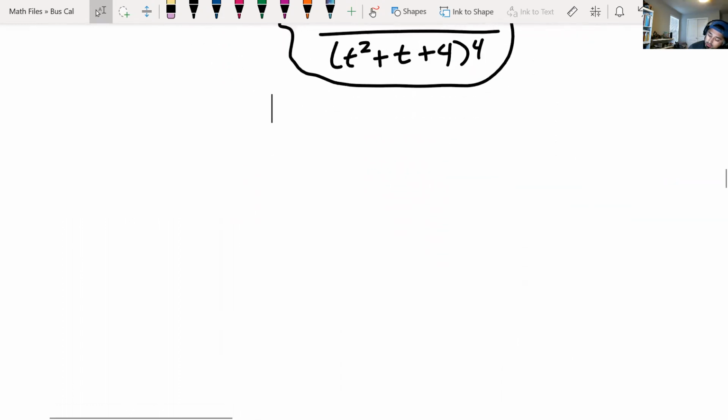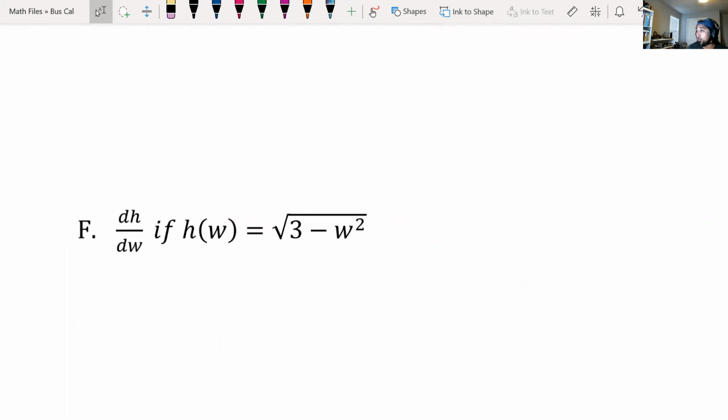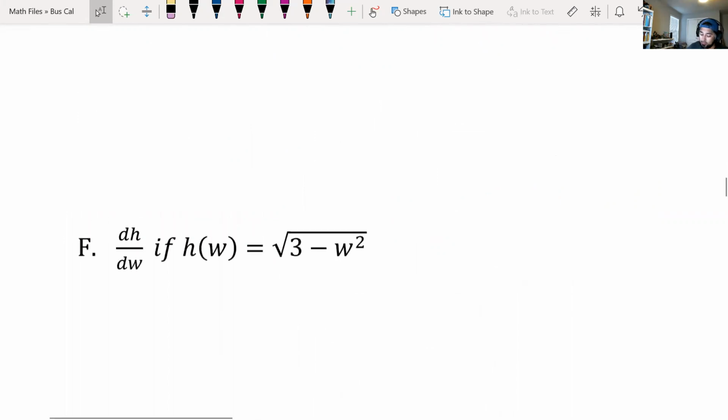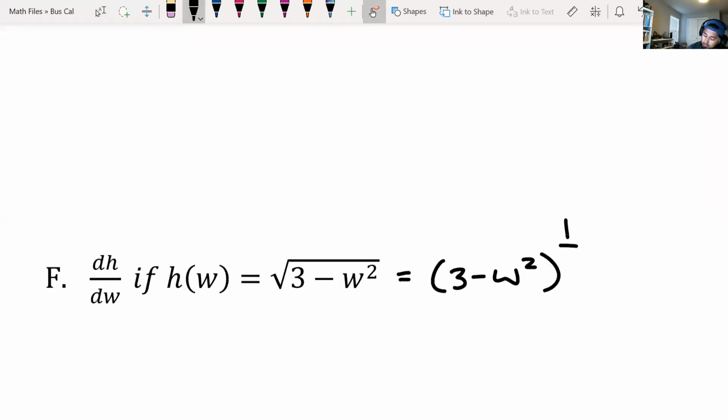Keep going. Now find dH over dW. Find the derivative of h with respect to w if h of w equals the square root of 3 minus w squared. So we have to rewrite this function because we can't take the derivative in this form. So we will rewrite it as 3 minus w squared to the 1/2.